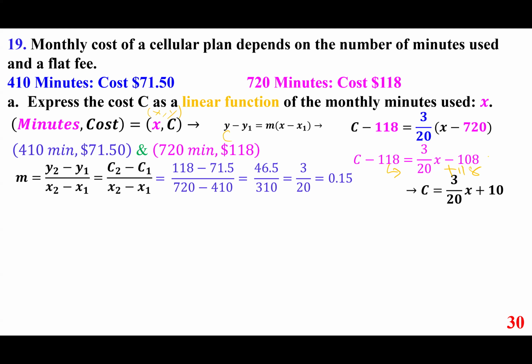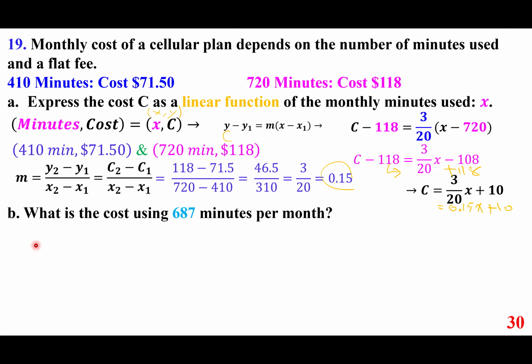So the cost is 3 over 20 times x plus 10, or just in case, if you wrote 0.15x plus 10, okay, if you use the decimal, it's just as good.